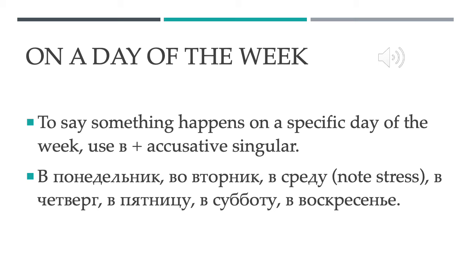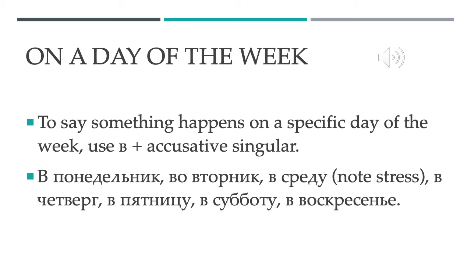If we want to say that something happens on a specific day of the week, like on Monday, on Tuesday, we use в plus the accusative singular of the day of the week. So, в понедельник, note that because п is voiceless, we devoice в as well, and it's pronounced ф. В понедельник, on Monday. Во вторник, on Tuesday. And note that вторник starts with в plus another consonant, so we write во вторник.